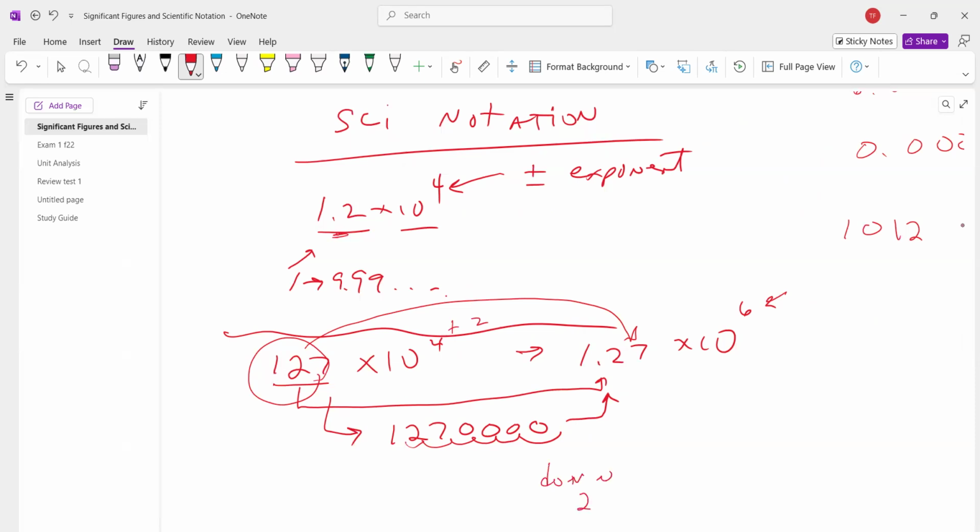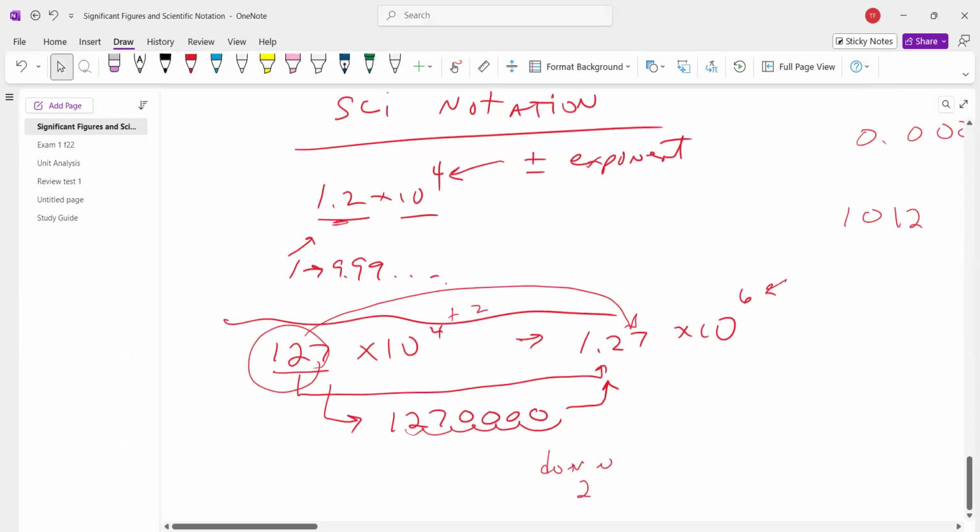They have to match. If they don't, you've changed the quantity of the number. So you're going to have some exercises on Dry Lab 1 where you're given an incorrect scientific notation number, and you're to correct it.